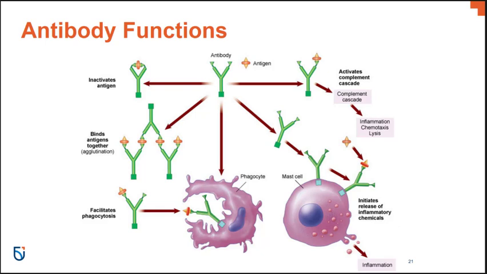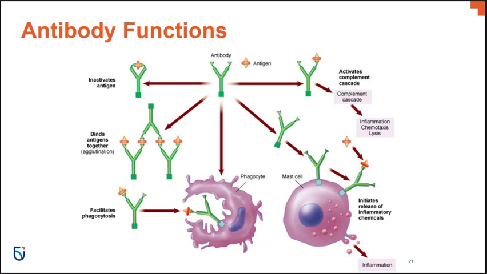The function of antibody molecules is to produce antibody-mediated immunity, which we know is a type of immunity also called humoral immunity. I mentioned earlier that humoral refers to fluids, and this type of immunity occurs within the plasma, which is one of the body's humors or fluids of the body.